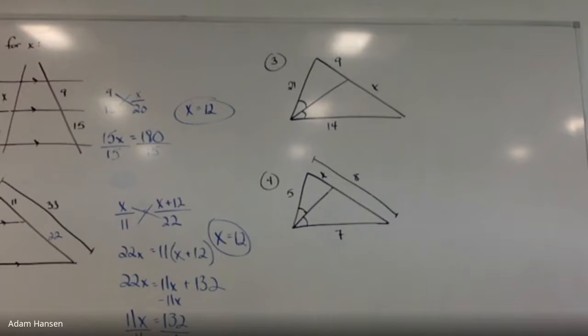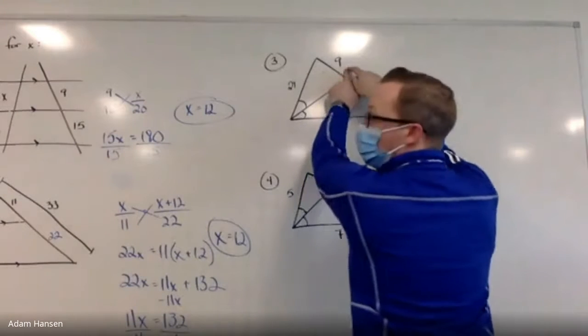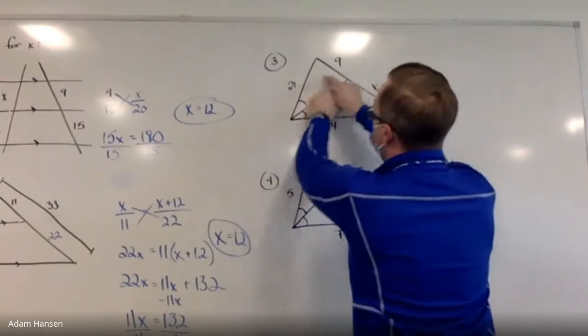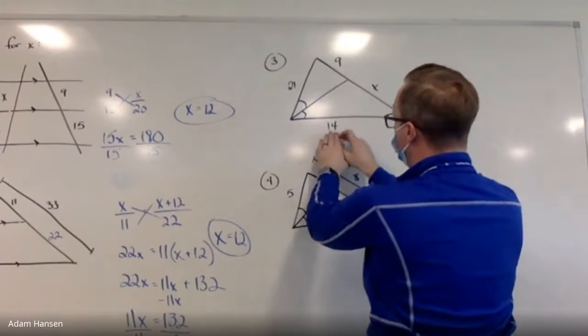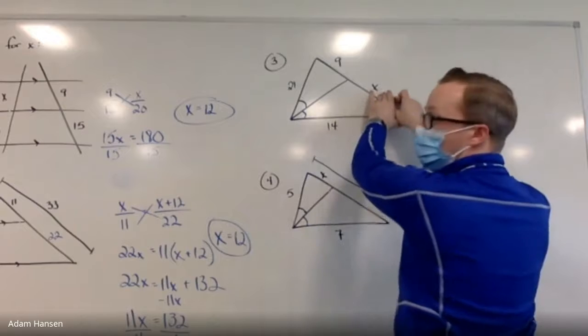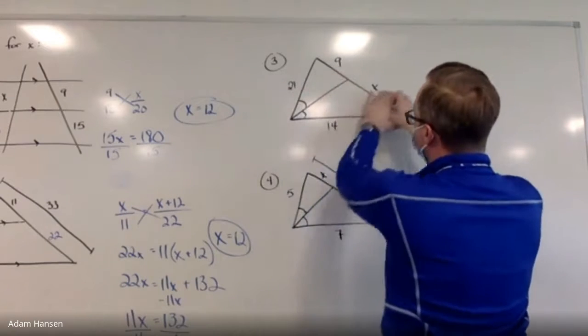That means you're doing this proportionally. You have to make sure you're consistent. So I go from left to right here. 21 to the 9. Go from left to right with what's on bottom. 14 to x. 21 is to 9, that's 14 is to x.